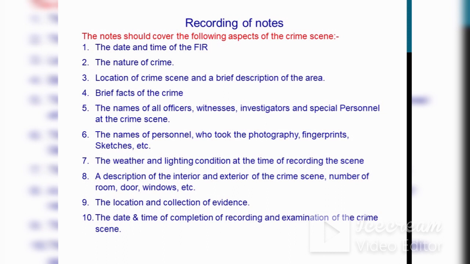The names of personnel who took the photography, fingerprints, sketches, etc. The weather and lighting conditions at the time of recording the scene, the description of the interior and exterior of the crime scene, number of rooms, doors, windows, etc. These all things must be recorded in the notes. The location and collection of evidence of the crime scene, and the date and time of completion of recording and examining of the crime scene.